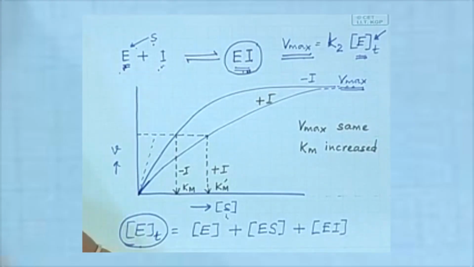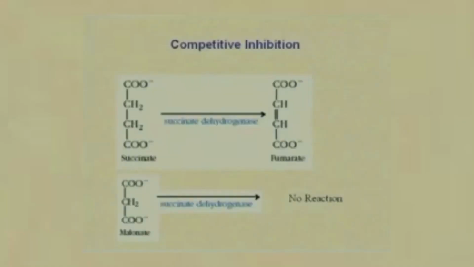If we go back to the slides now, I have this on the slide also. This is a very specific example, succinate dehydrogenase. What does dehydrogenase do? The name implies that it is going to dehydrogenate succinate. So here is succinate, here are the hydrogens, and it is going to form the double bond.